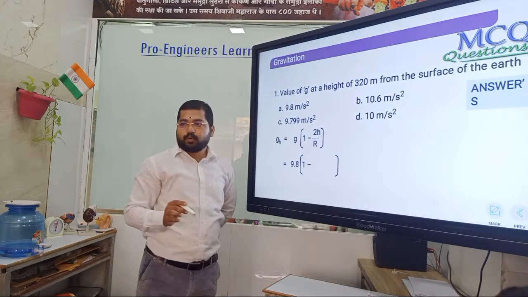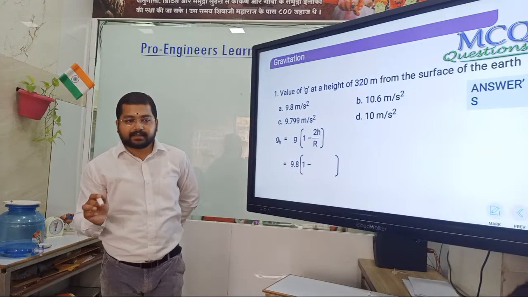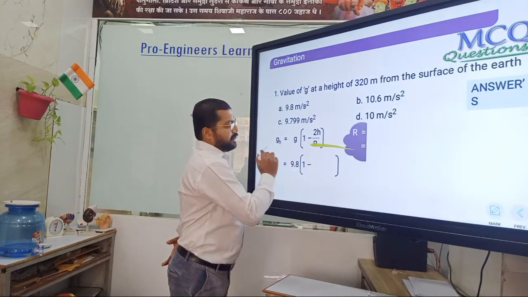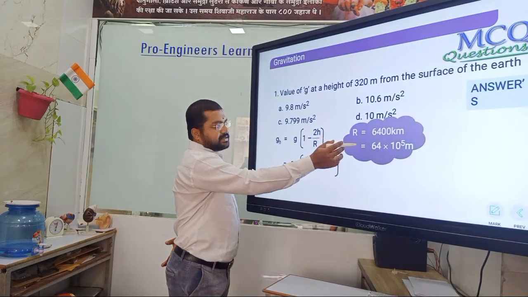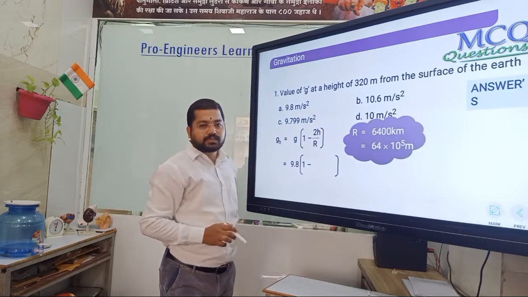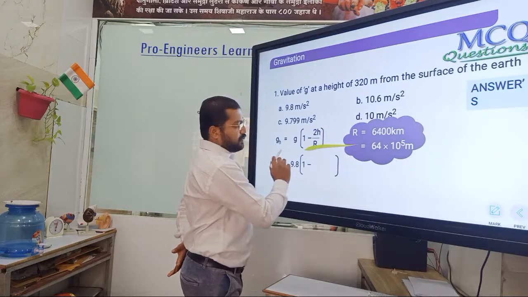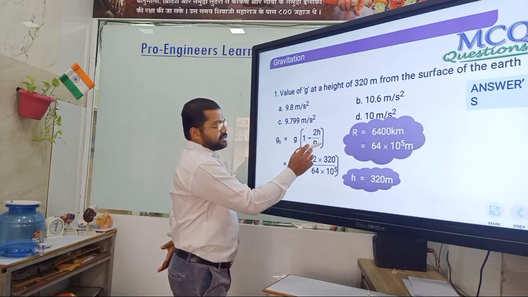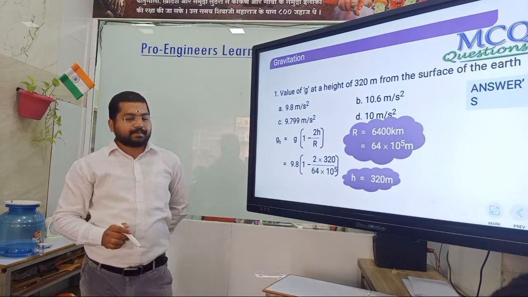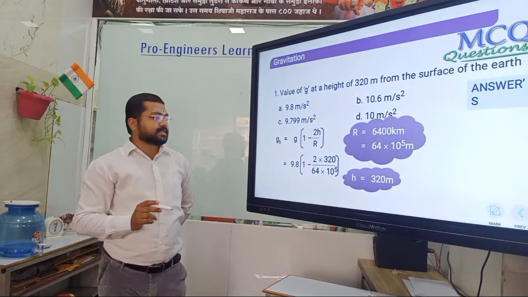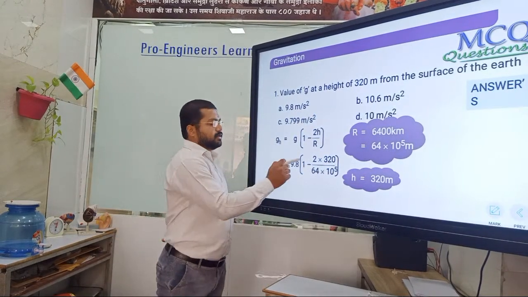Value of small g is 9.8 and the radius is 6400 kilometer, that is 64 into 10 raised to 5 meters. Putting the values, h is 320 meters.